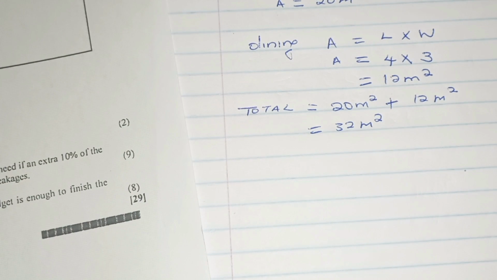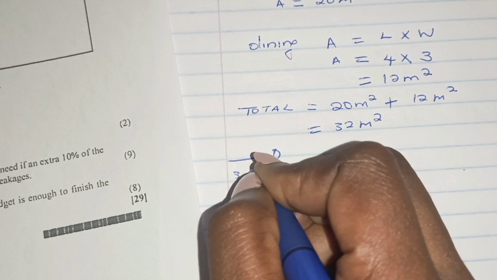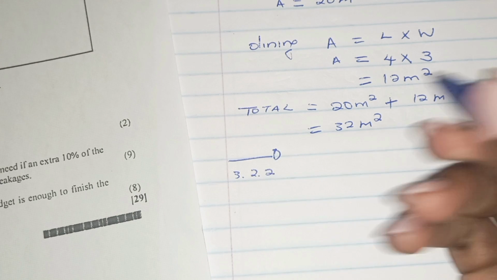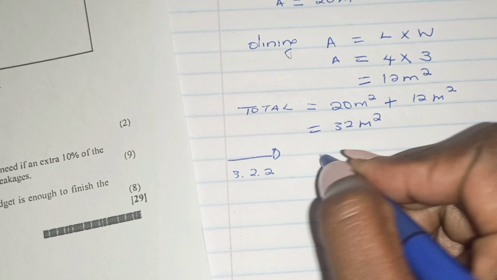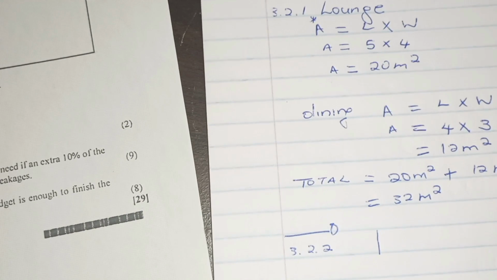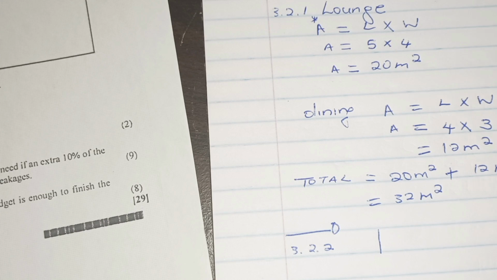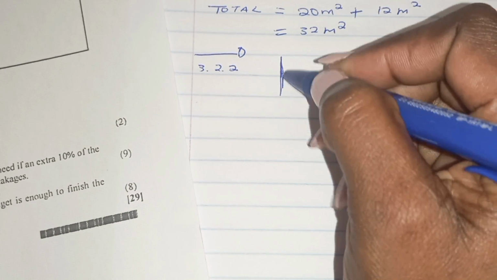So for 3.2.2, I'm going to find out how many tiles are in the lounge. This is going to be simply for explanation purposes.